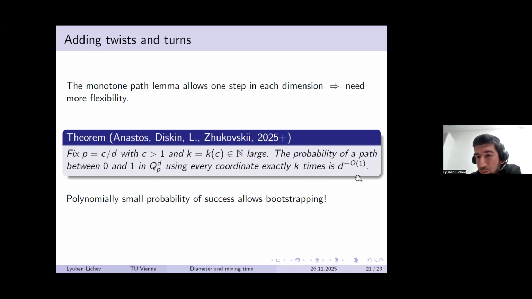This is not with high probability. We have some error bound, which is polynomial in d, but it's enough to actually do the bootstrapping strategy that I showed you 2 slides ago.